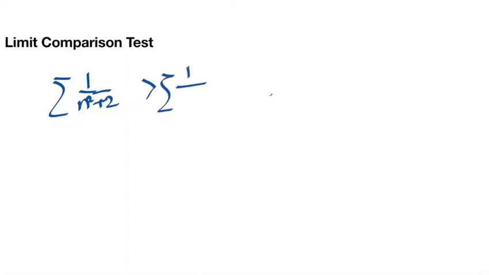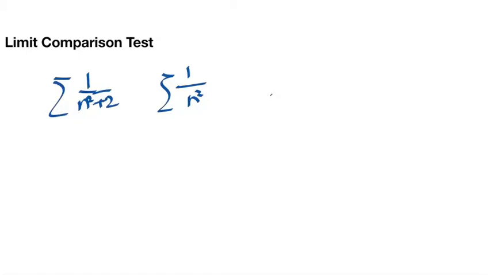The last one is limit comparison. On the previous example, you might take something like the sum of 1 over n squared plus 2, and you might compare that to the sum of 1 over n squared, because the n squareds are always smaller.